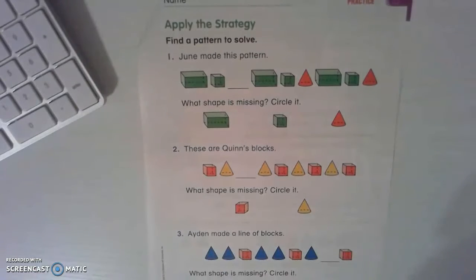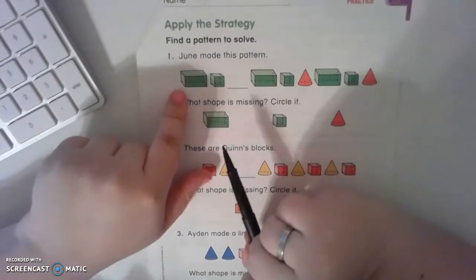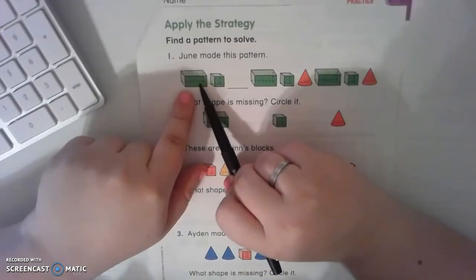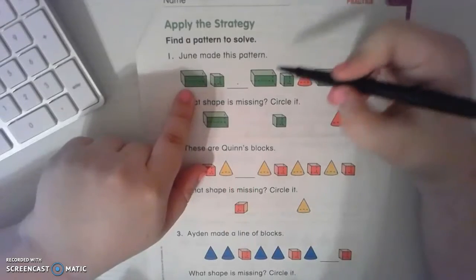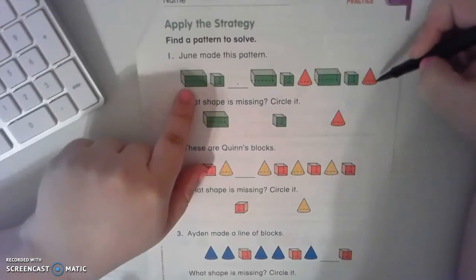Okay, so now they just want us to find a pattern to solve. So they want us to look and see if we can fill in the pattern. Okay, so let's look at number 1. June made this pattern. So we have prism, cube, blank, prism, cube, cone, prism, cube, cone.